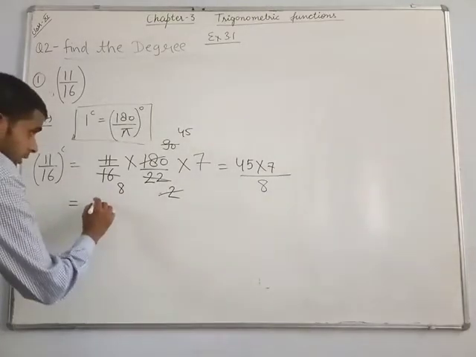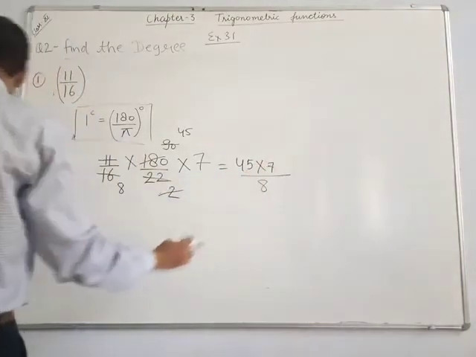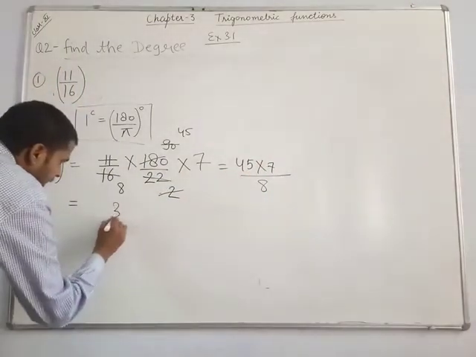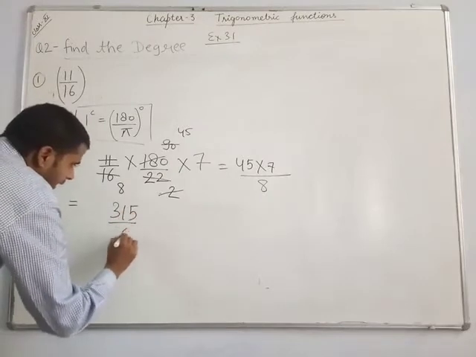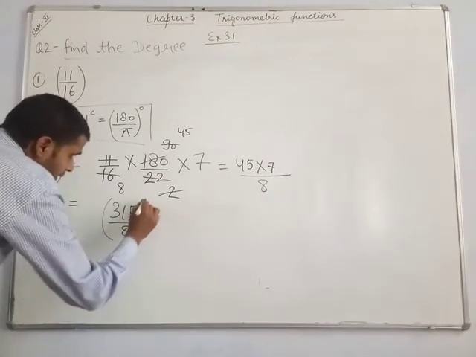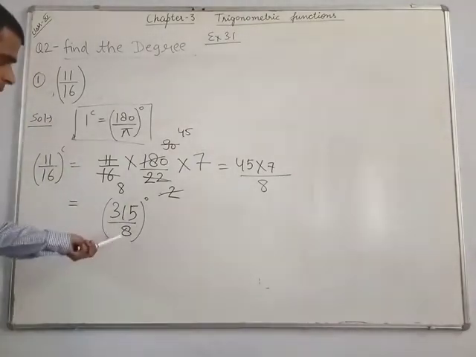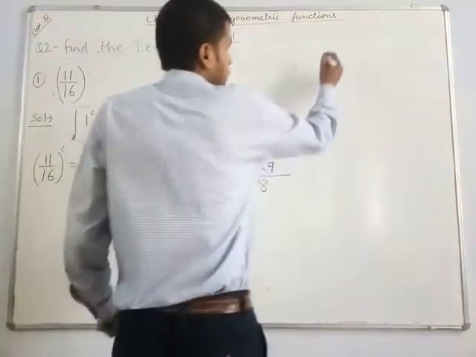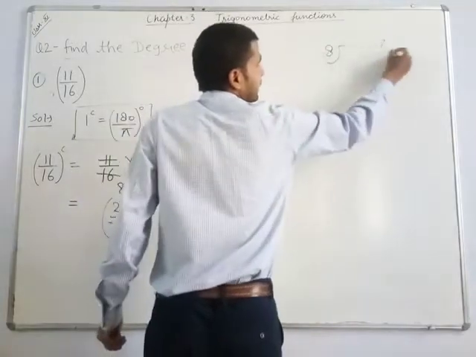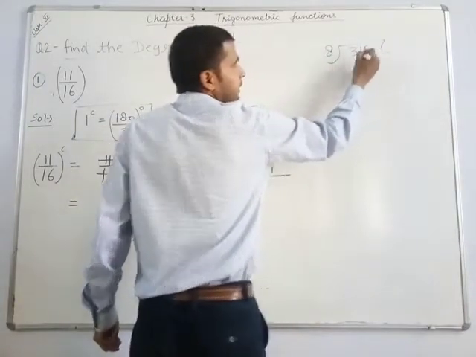So 45 into 7 is 315 upon 8 degrees, right? You have to solve like this: 315 divided by 8.